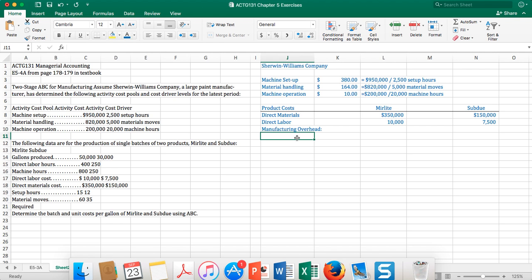So let's work first with the machine setup. And I'll put the formula here so you can see it. So remember, this is 15 setup hours, and that's given right here, multiplied by $380 per hour. So there's the calculation for Merlite. I'm going to put that dollar amount in.